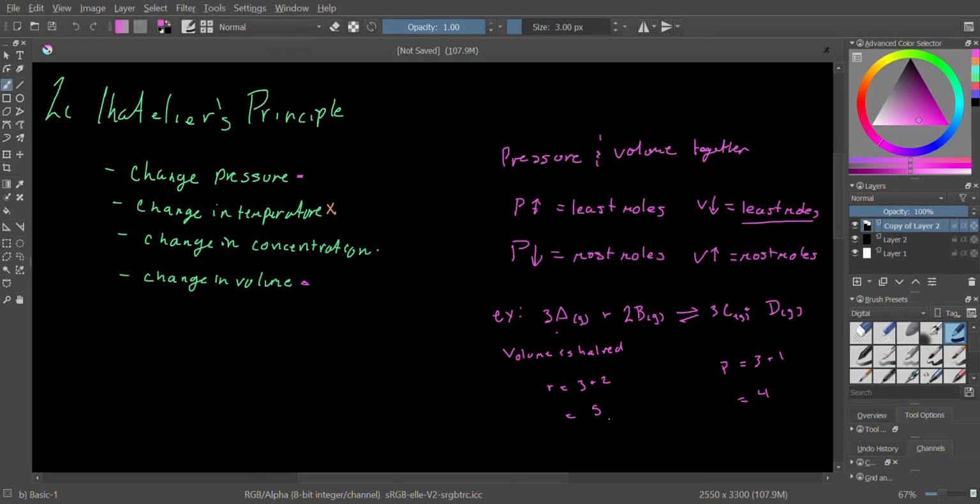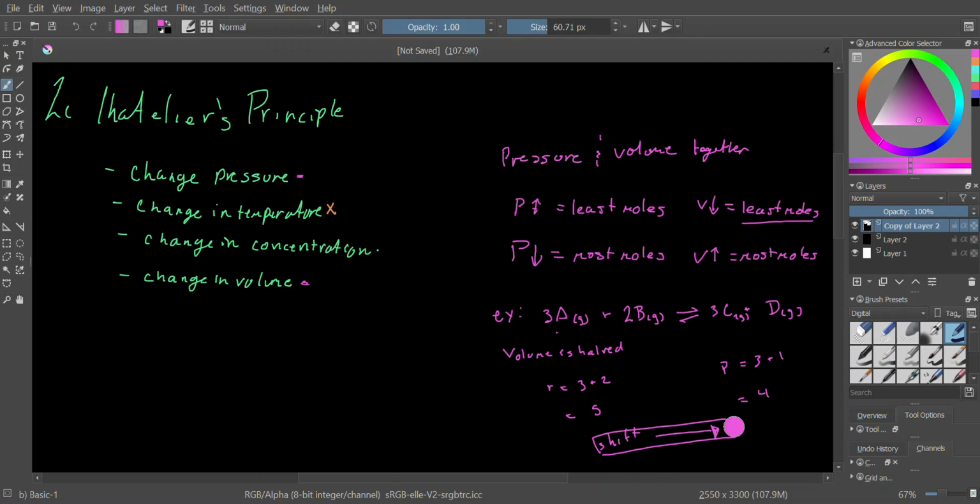So in this case, 4 is less than 5, so we would shift to the right. Right? So there we go. Not that rough.